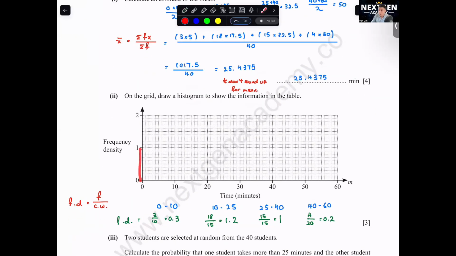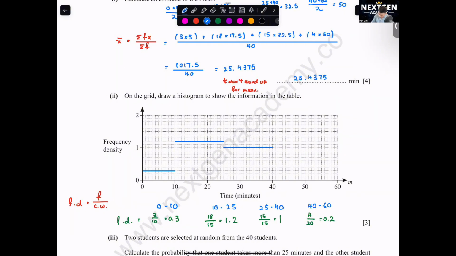Okay, look at the scale here. You've got 10 boxes representing 1. So each box will be equal to 0.1. So first one, 0.3 from 0 to 10, then 10 to 25, 1.2. Then 25 to 40, 1.